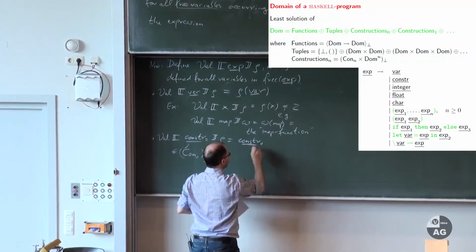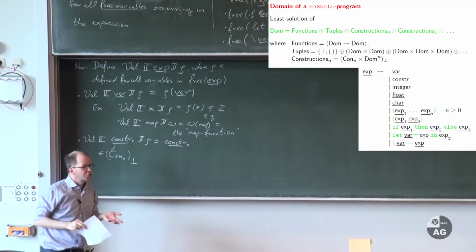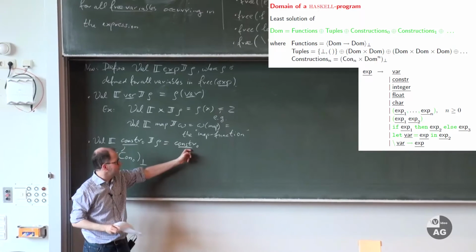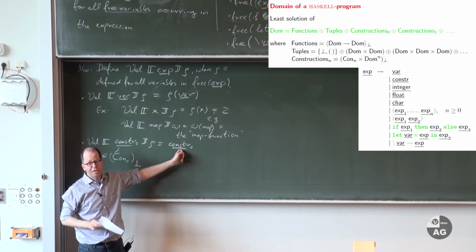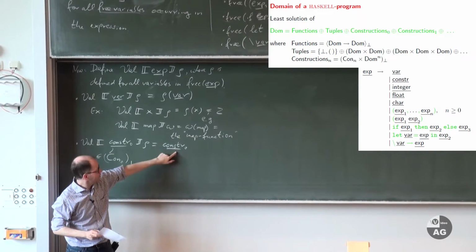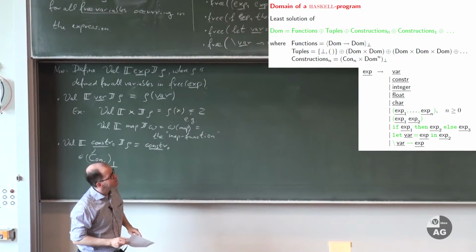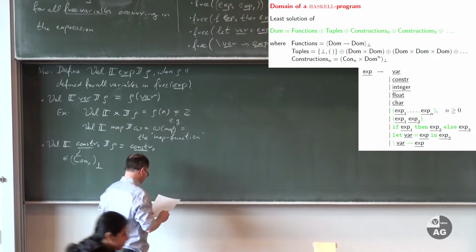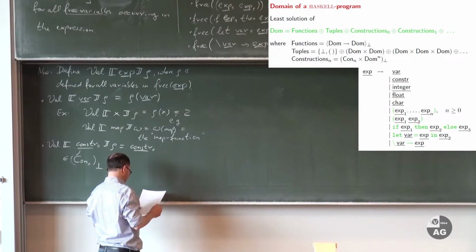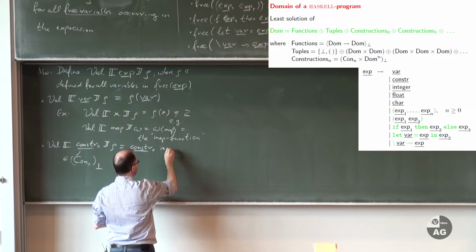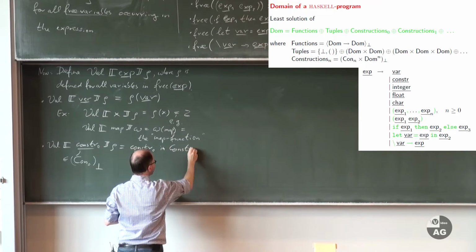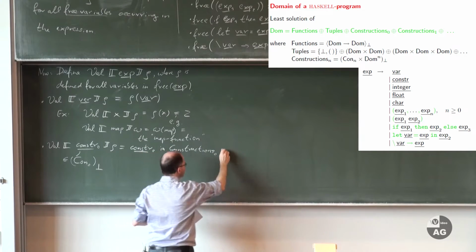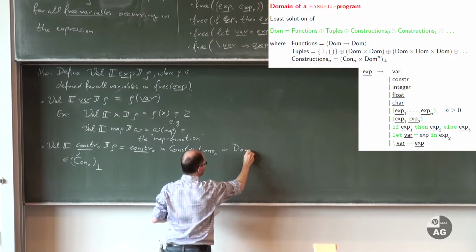So this will be constr 0. And this DOM is a large coalesced sum. If we look at this in a very precise way, then these elements are marked by the set where they come from. So this is marked as coming from the subset constructions 0, and this in turn is marked as coming from the set DOM.